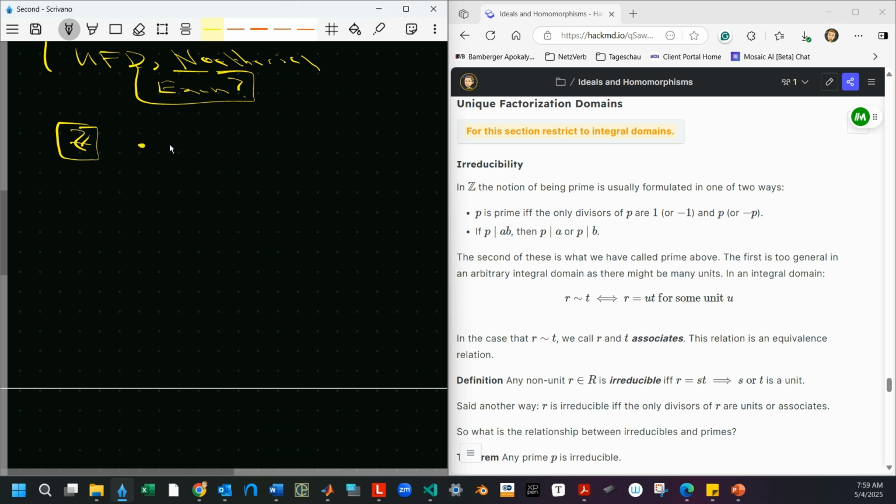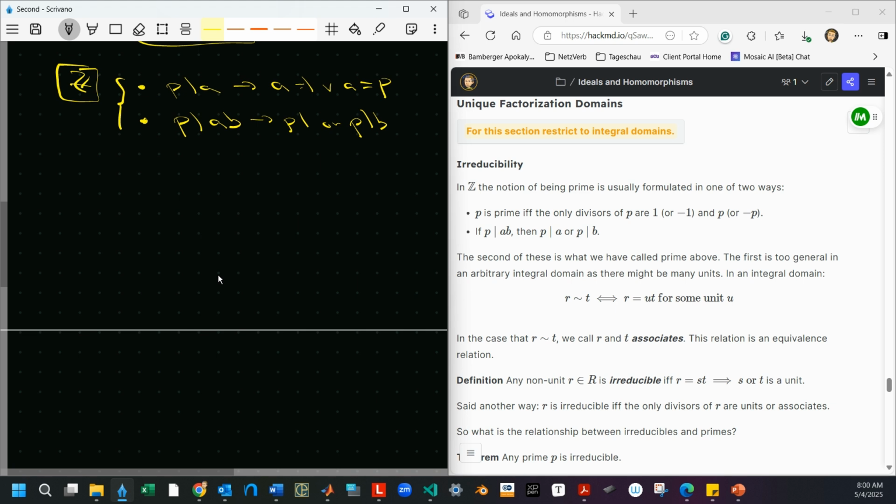P divides A implies A equals 1 or A equals P, right? So that's one of our common definitions of prime, and the other one is if P divides AB, then P divides A or P divides B. Okay, and here we want to pull these two notions apart because they're not actually the same.